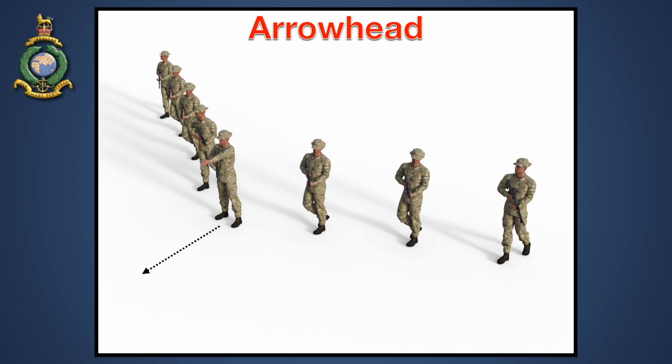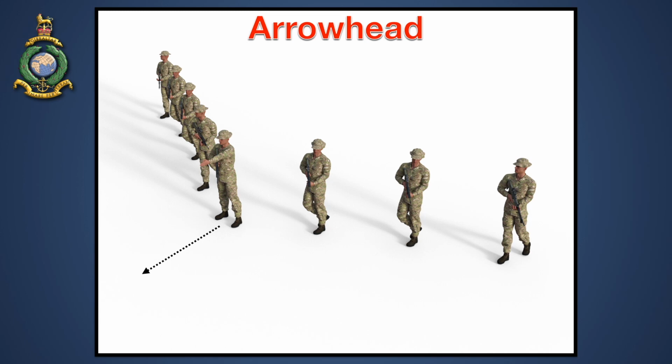They're kind of angled back. In this diagram, it's not the sharpest of arrowheads. It can vary, but you'll learn about that later. But basically, as each person moves out, like in an extended line, they also move backwards slightly. So as you can see, the point man really does become the point of an arrow in this formation.